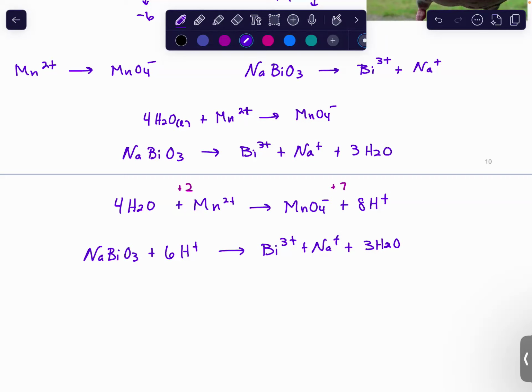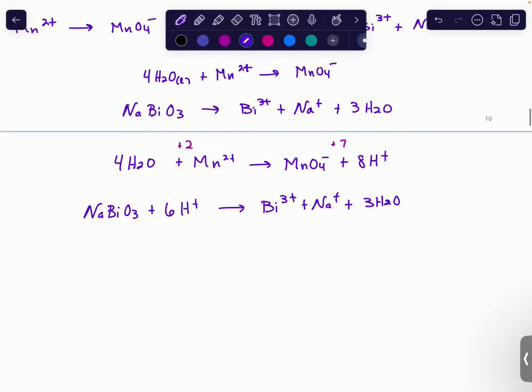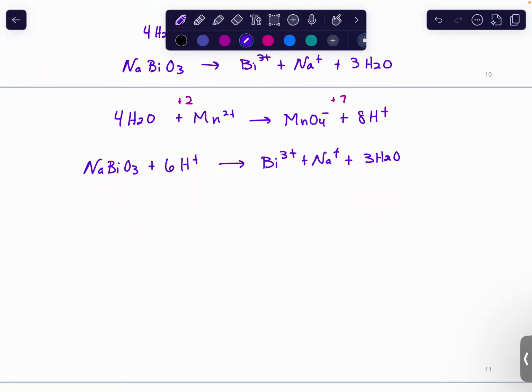You put electrons where it's more positive to make the charges balance. How many more? 5. 5 electrons. Now both sides are at a +2.